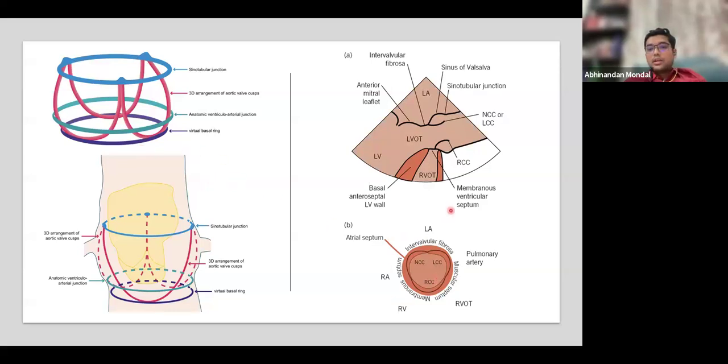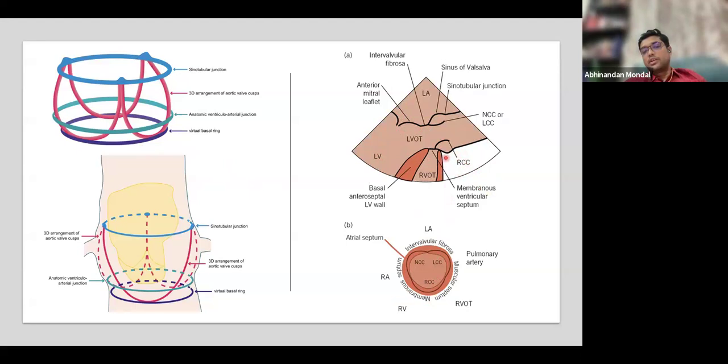Another thing, this is your aortic valve long axis view. What are the structures that we can see over there? It is your anterior mitral leaflet that you are already aware of. This is your intervalvular fibrosa, and this is where your aortic valve starts. Always remember, in your mid-esophageal long axis view, here stays your RVOT.